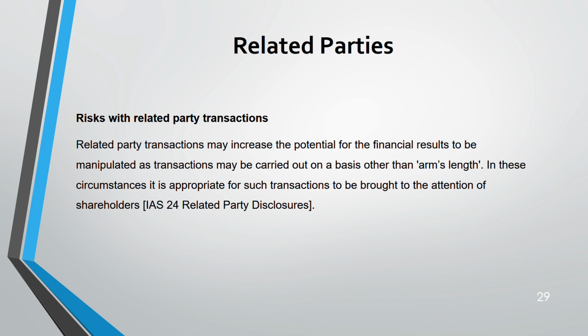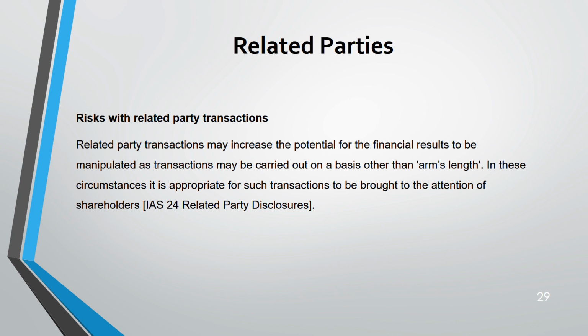An arm's length transaction happens at market prices, where everyone pays the same price and gets the same price. But in a related party transaction, you can change the price for your own advantage. That means it is not at arm's length. That's why you need to pay close attention to related parties.